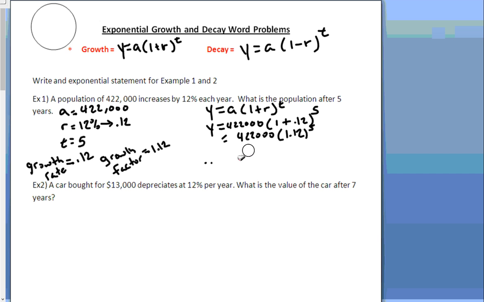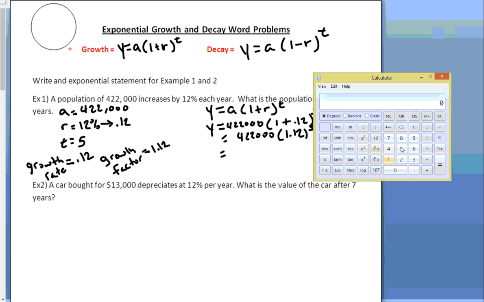And like I said, you can use a calculator to solve this. So I'm going to bust out the calculator, do the math on a calculator. And I get 422,000 times 1.12 to the 5th power equals that many.